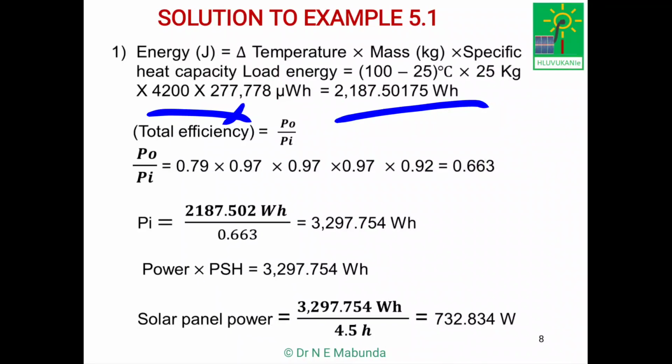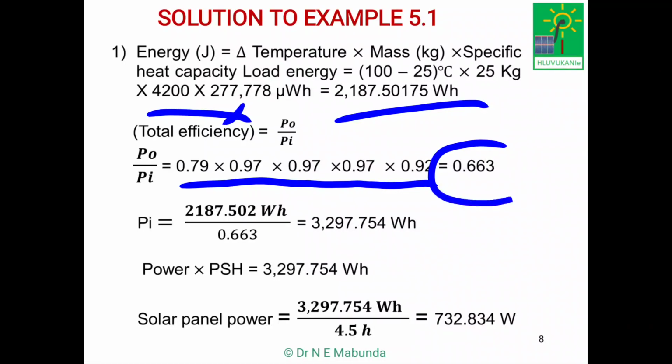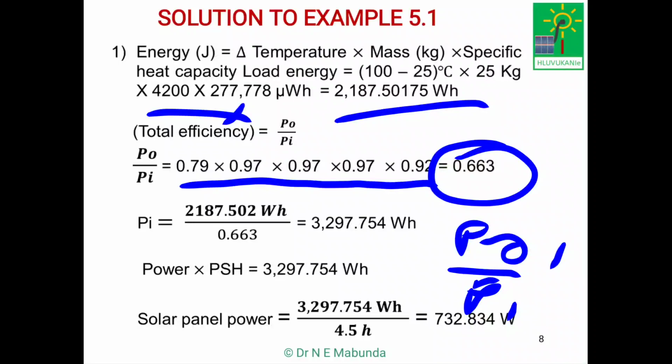Now the total efficiency, remember I said if you've got several efficiencies interconnected, you multiply. So they multiply that, cables, inverter, charge controller, whatever was listed there, it became 0.663. Now, because you know that P out over P in gives you efficiency, if you divide P out by the efficiency, you're going to get P in.